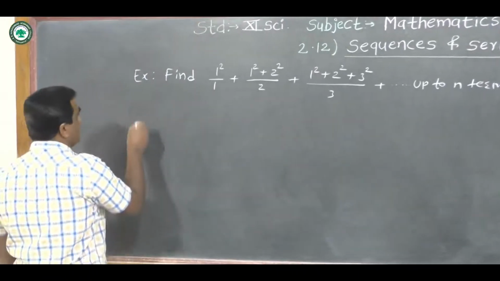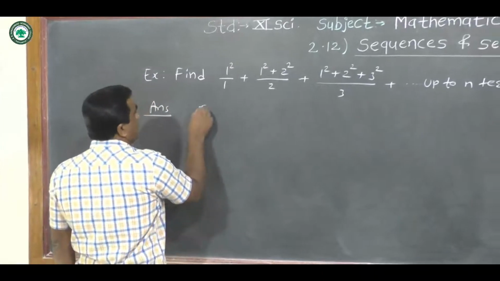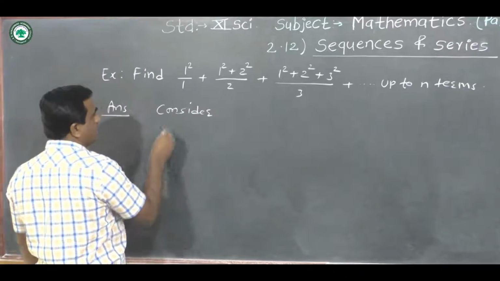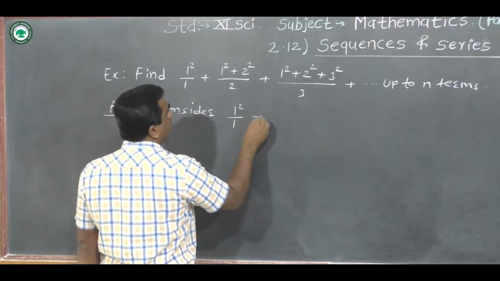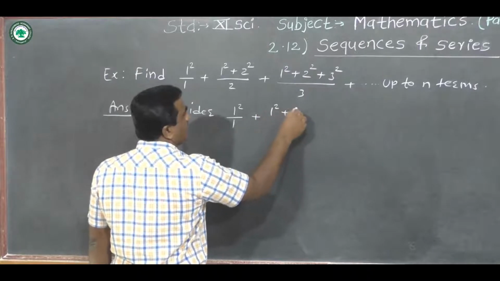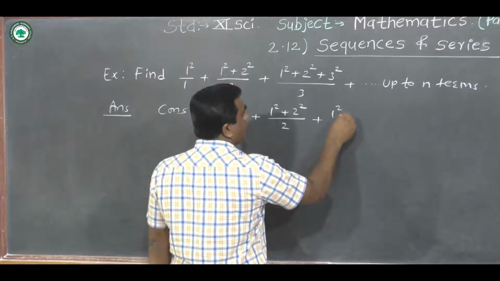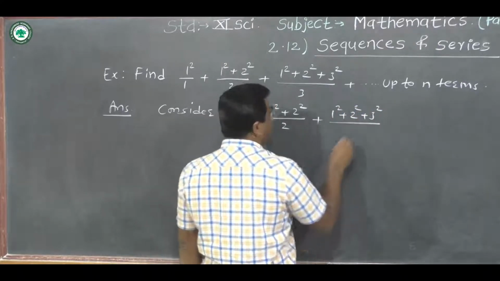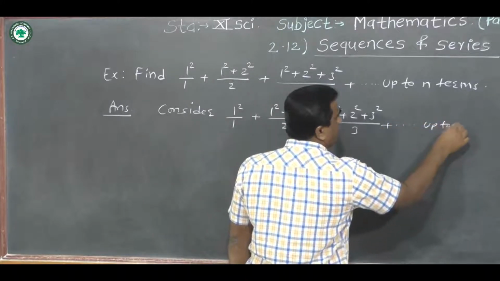Answer for this: consider the given sum or series, that is 1 square upon 1 plus 1 square plus 2 square upon 2 plus 1 square plus 2 square plus 3 square upon 3 plus so on up to n terms.